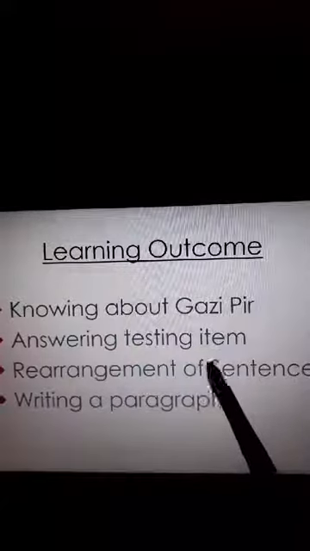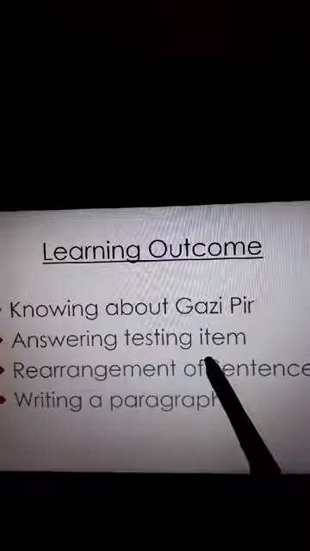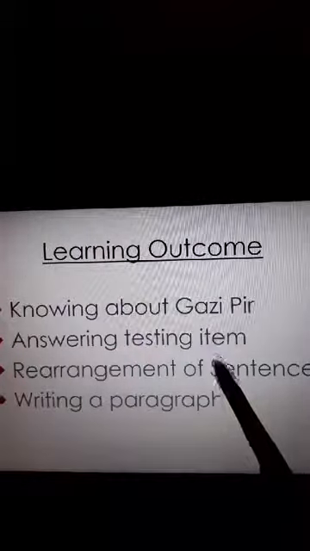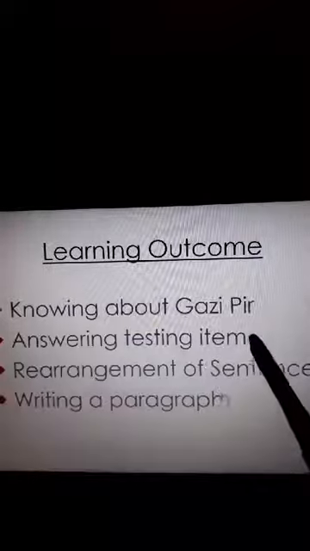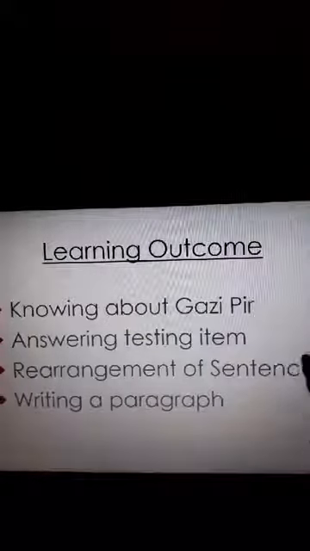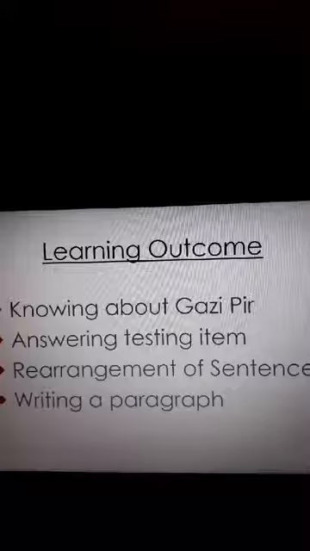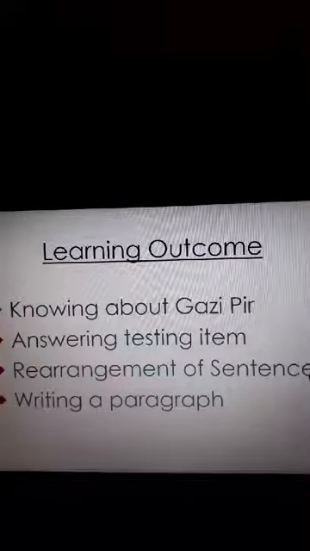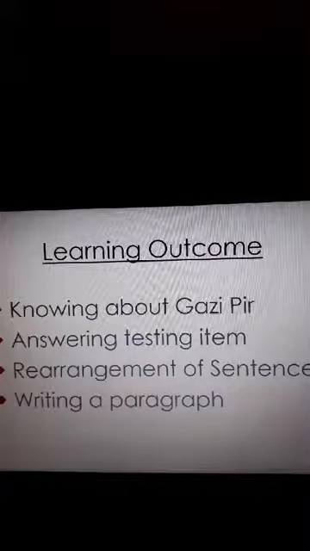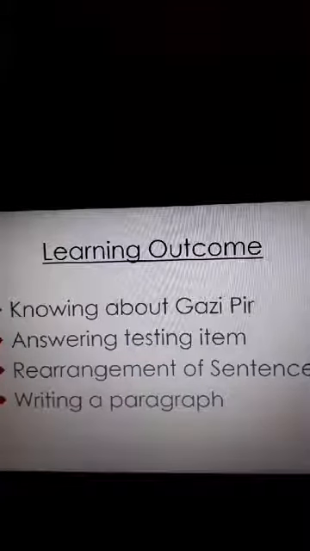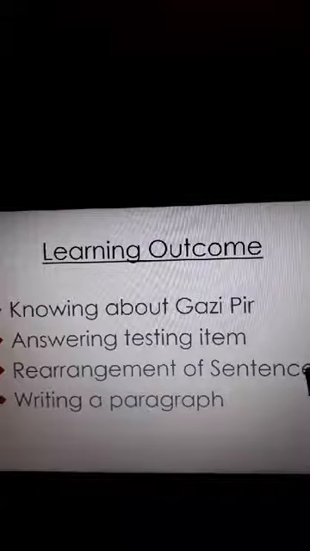I also remind you, dear students, that this passage is very important for rearrangement of sentences. You know that there is a part in your English first paper question, reordering or rearrangement of sentences, 10 marks. Some sentences will be jumbled, and you will have to reorder them in correct order.